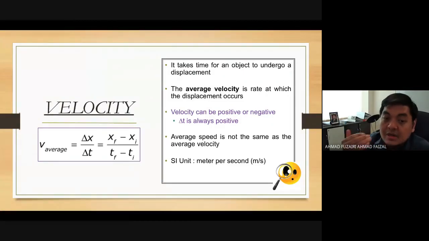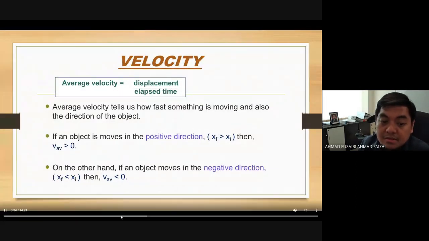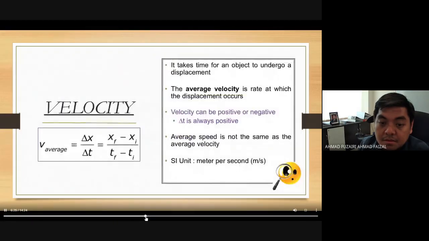So, change in position over change in time. Look at the two different meanings. Total path length, jarak keseluruhan, and displacement is the last point minus the initial point. That's what we mean by sasaran. Delta x over delta t, the unit is meter.